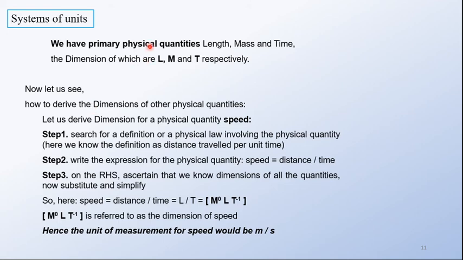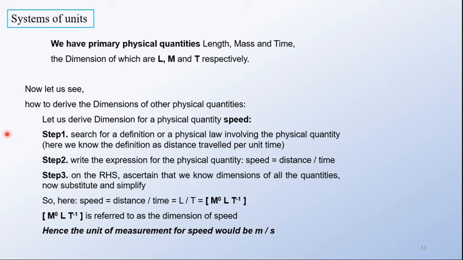We have primary physical quantities as L, M, T, length, mass, time, the dimensions of which are L, M, and T respectively. Now let us see how to derive the dimension of other physical quantities. We'll start with very simple one. Let us derive dimension of a physical quantity, speed.